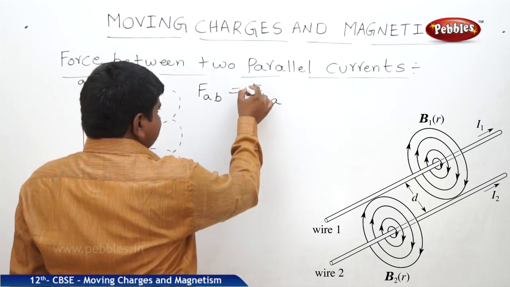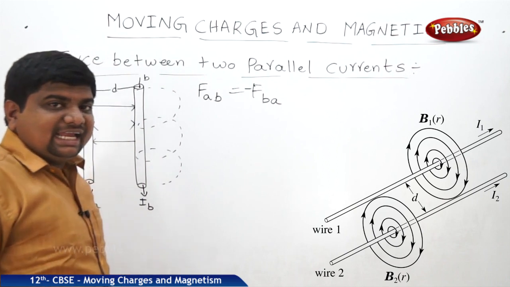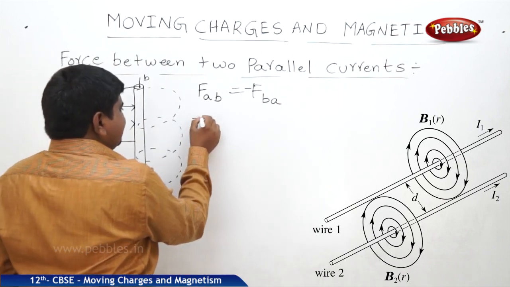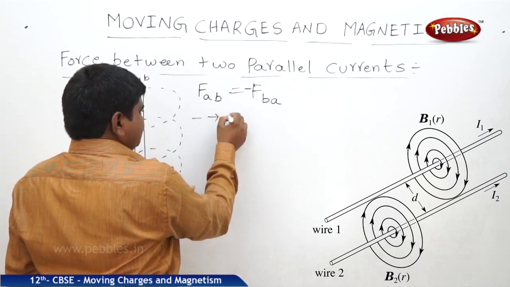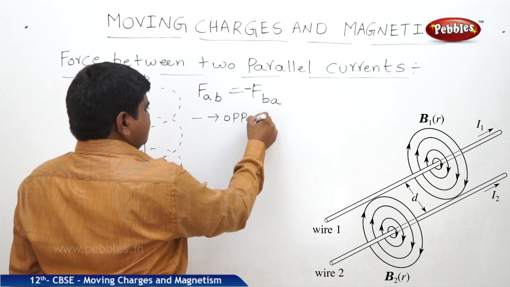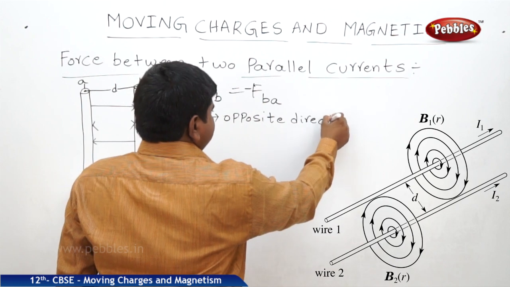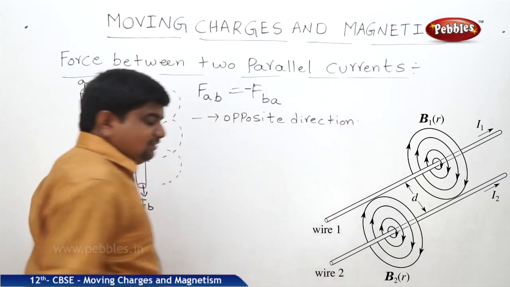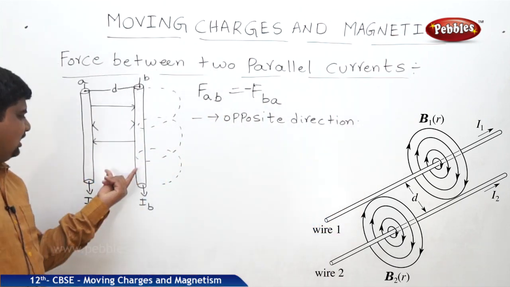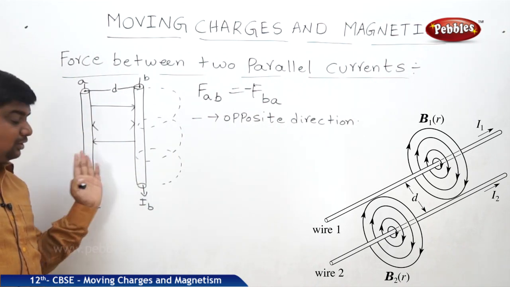That's why we can write like this. Here the negative sign indicates opposite direction. In this case, we can expect a force between these two rods onto each other.